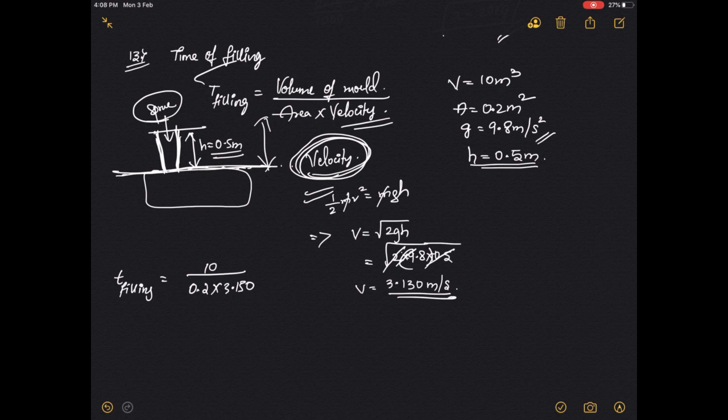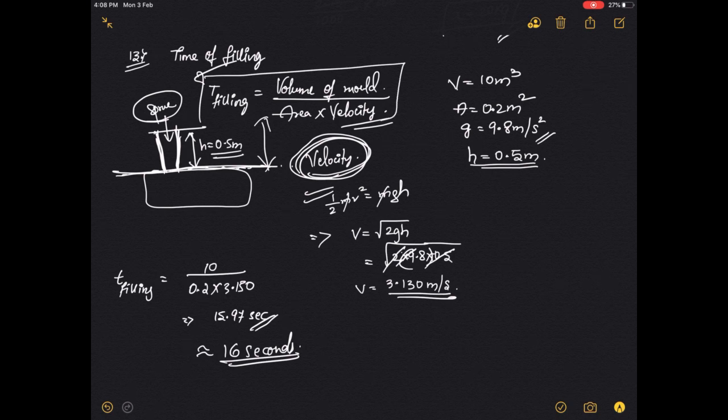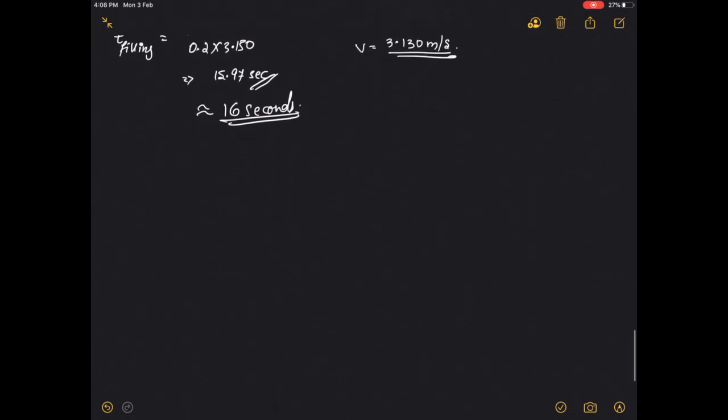We'll be getting 15.97 seconds, and I think I remember they asked to round it off to the nearest integer, which will be 16 seconds as my time of filling. So this is how we have to calculate, and remember this formula is what should strike you, and then this concept. Okay, so this is one of the nice questions according to me. I like this question in this year.